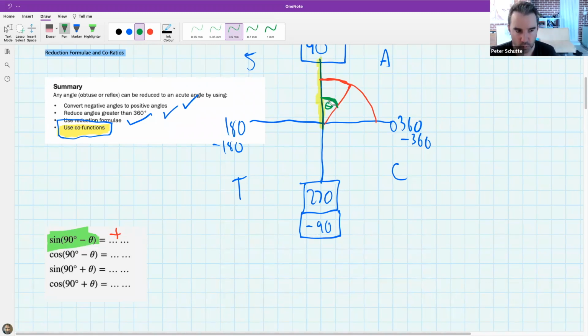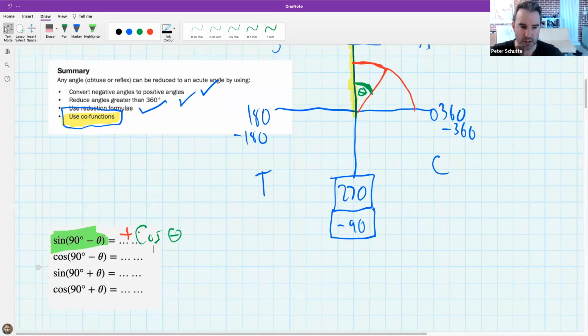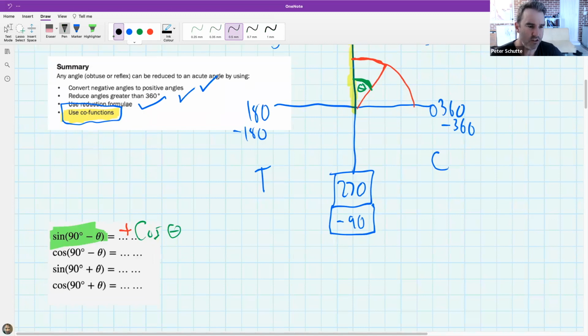So now if I want to reduce this using a co-ratio, what's the co-ratio of sine? It's cosine or cos. And so the sine of 90 minus theta is just plus cos theta. Now that is called reducing off the vertical axis or using a co-ratio. And what's different is that I've changed it from a sine to a cos, which is quite different to what we were doing in the previous lesson. So let's just check this works.